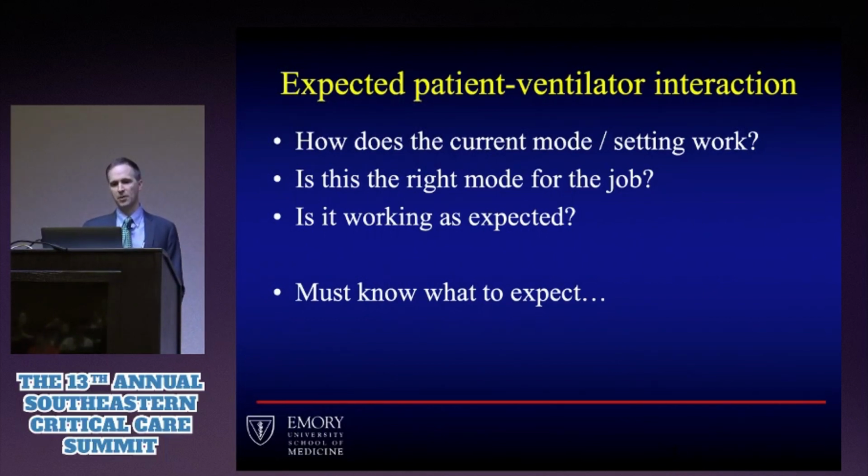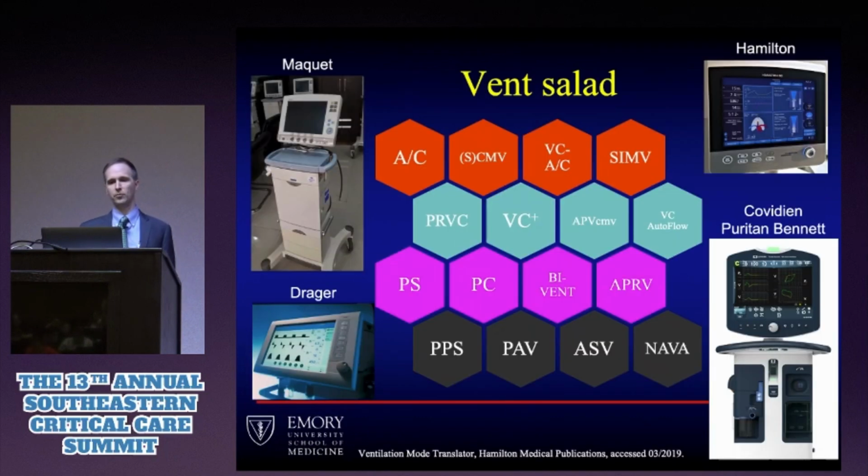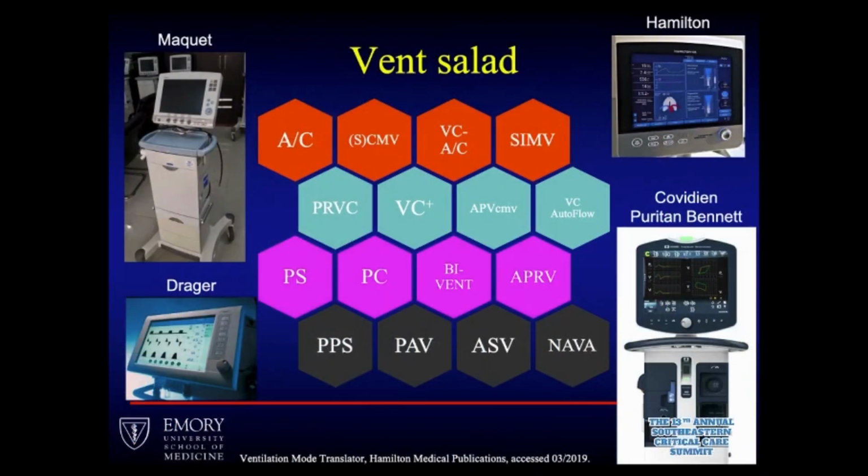And just for time, I'm going to skip through a couple of slides. If you work in different ICU environments, you may not know what you're expecting or how to figure it out because of what I call vent salad. Where I trained, we had two different brands of mechanical ventilators, and I think the fellows that train at Emory have three.